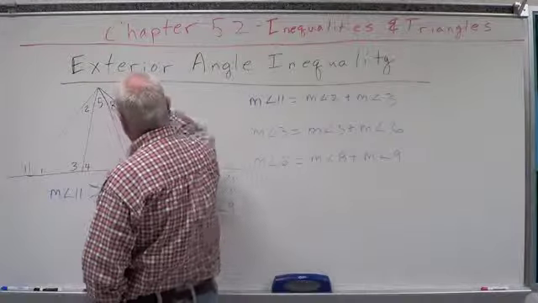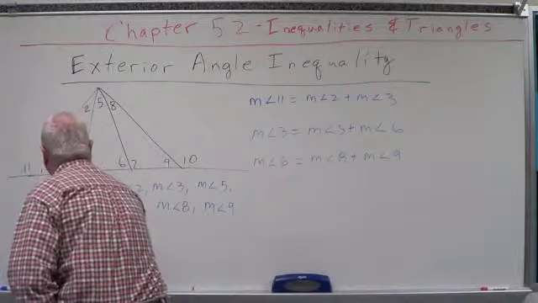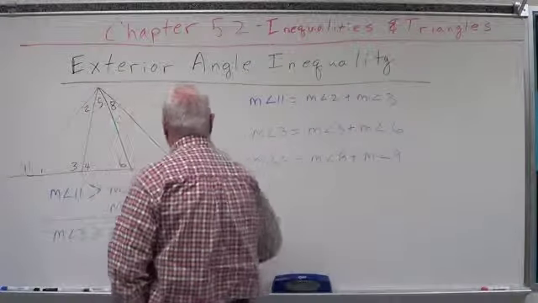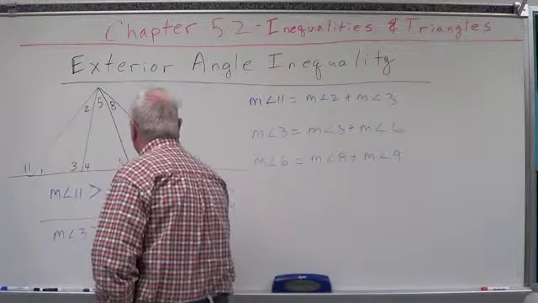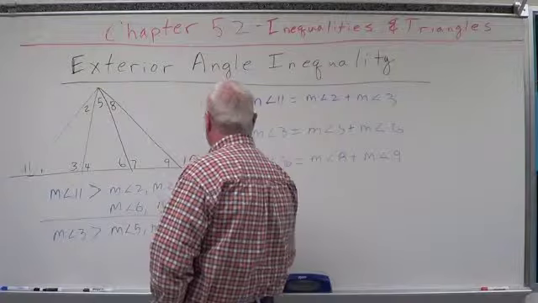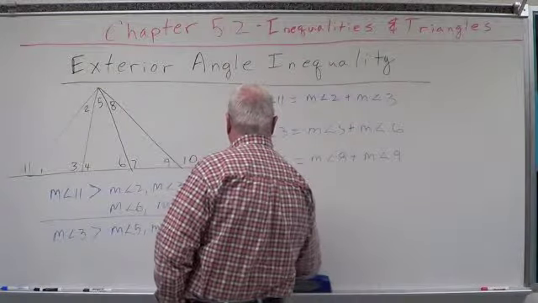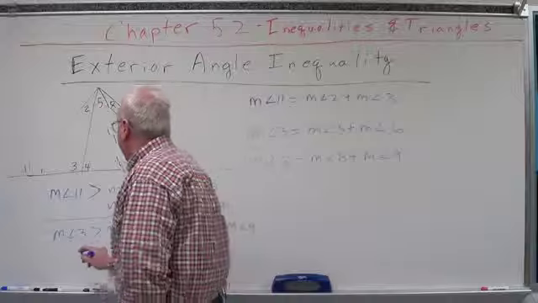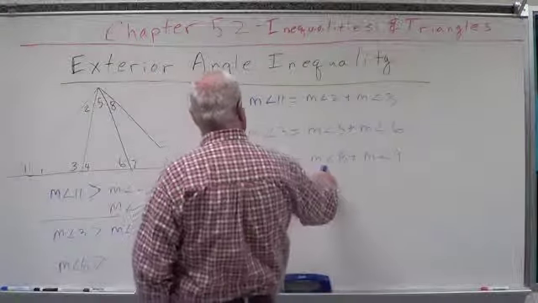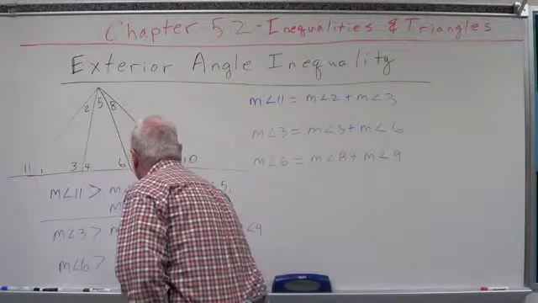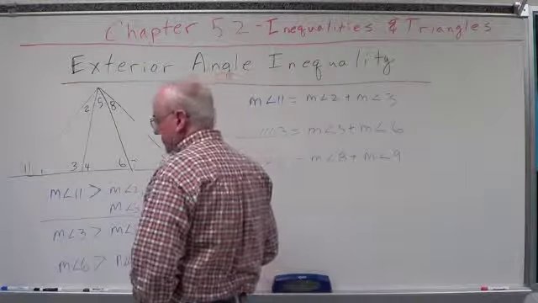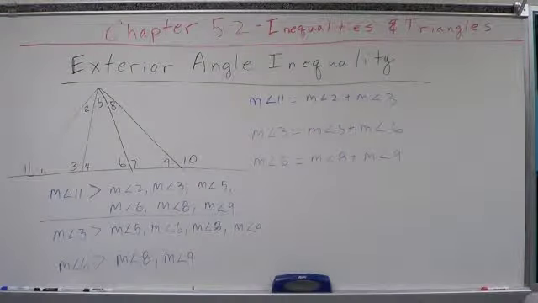Now, the measure of angle 3 has to be greater than the measures of angle 5, angle 6, angle 8, and angle 9. And the measure of angle 6 has to be greater than what? The measures of angle 8 and angle 9. You get it out of the way so you can look at it.